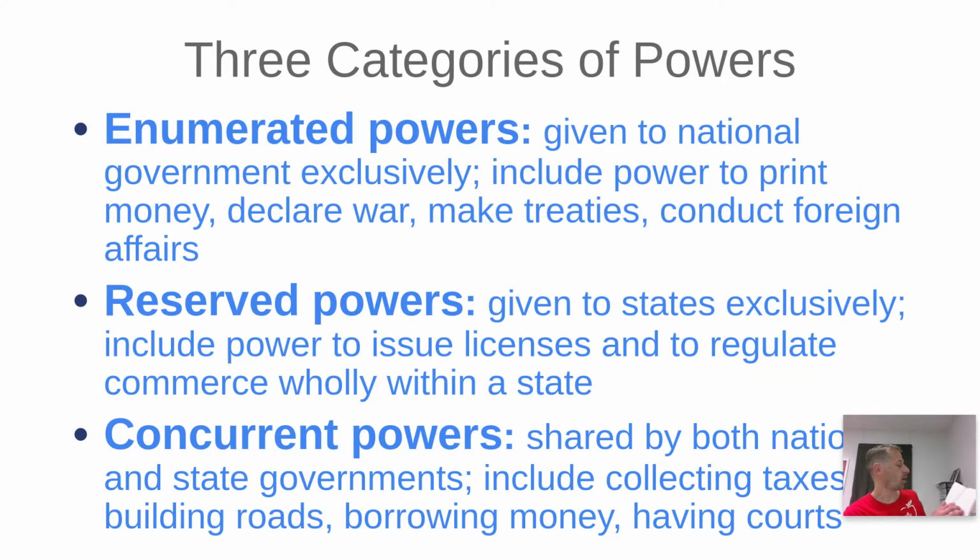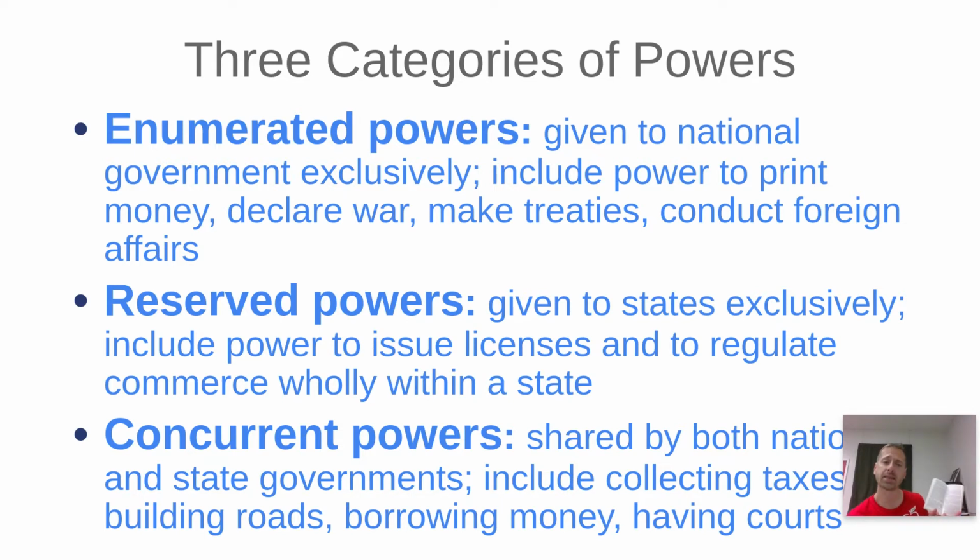If we continue on, if we look at Article 1, Section 9, these are powers forbidden to Congress. So we call these denied powers. So the Constitution specifically lists things that Congress cannot do. They cannot suspend the writ of habeas corpus, no bill of attainder, no ex post facto law. Ex post facto means after the fact.